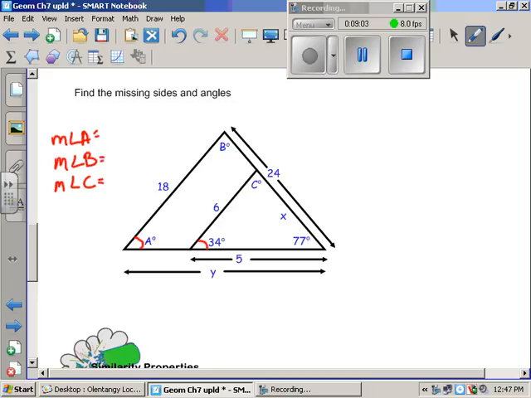Okay, what's the measure of angle A? Julia? 3/4. Right, they're equal, they're even marked, right? Okay, how about the measure of angle B or C? I don't care which one you do first.